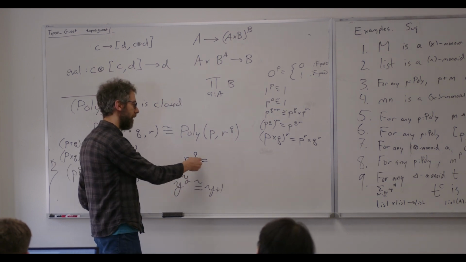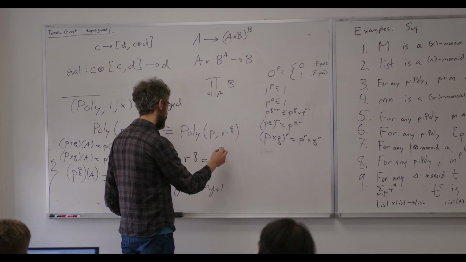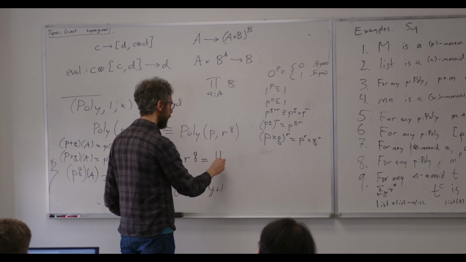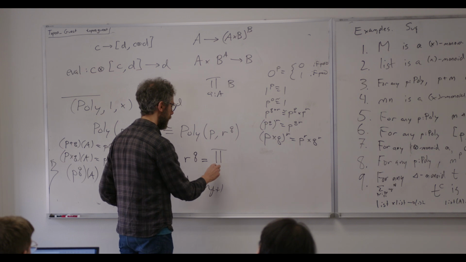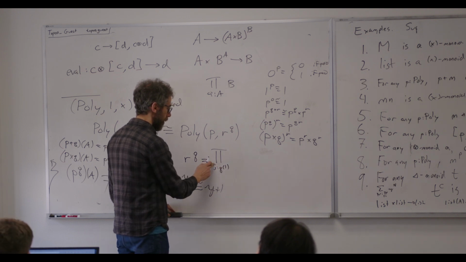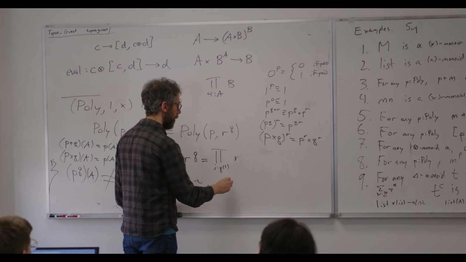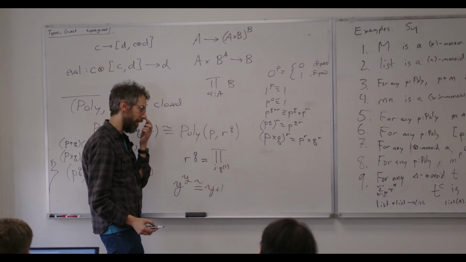Okay, so I'll give you the formula for this thing. There are lots of different ways to write it, but it's the product over all the positions of Q of R. Oh shoot, I haven't given you substitution product yet. That was probably a mistake.